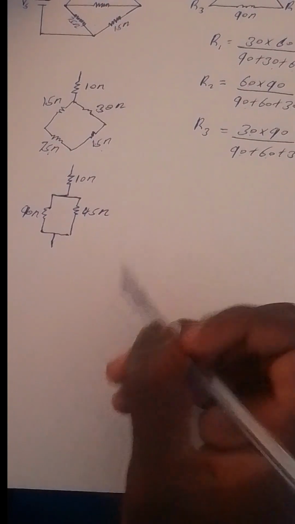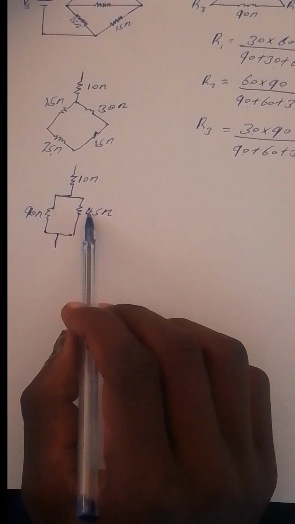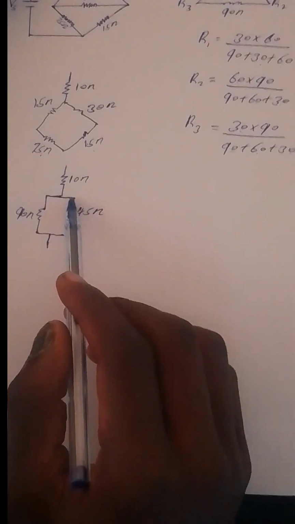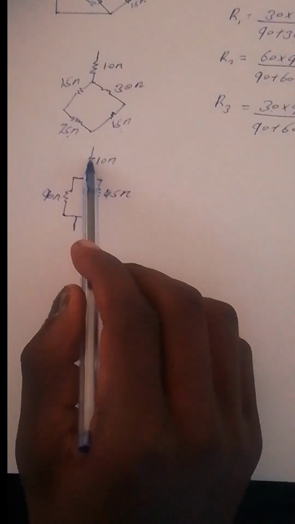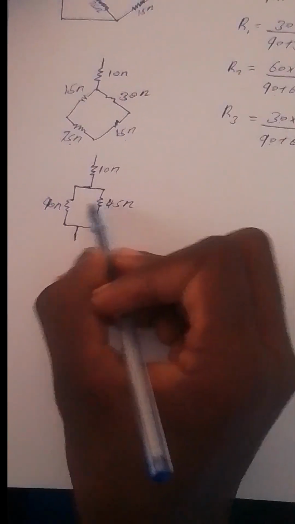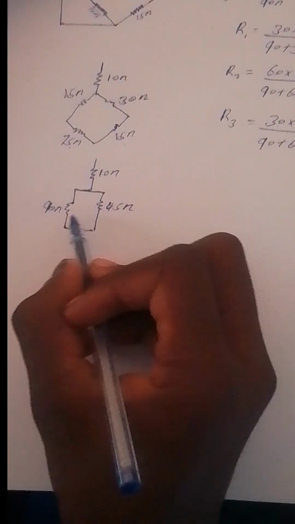From here you can see 90 and 45 are in parallel, and the result of this is in series with 10. So let's calculate the resistance here.